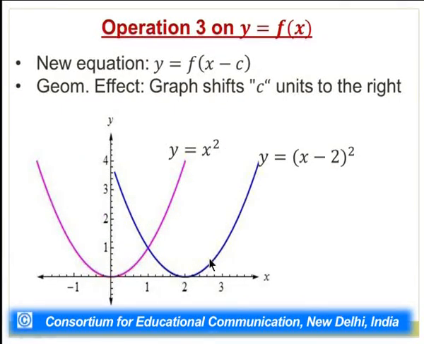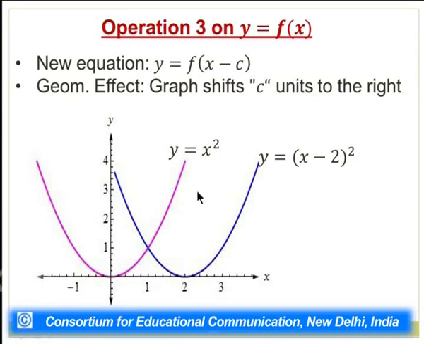Okay, now this is the interesting shift that I would like you to focus on. Here the question is, how can we obtain the graph of y equal to f of x minus c from the graph of y equal to f of x? So here the geometric effect that I'm going to show you is that the graph of f of x minus c is nothing but a rightward shift of the original graph f of x by c units.